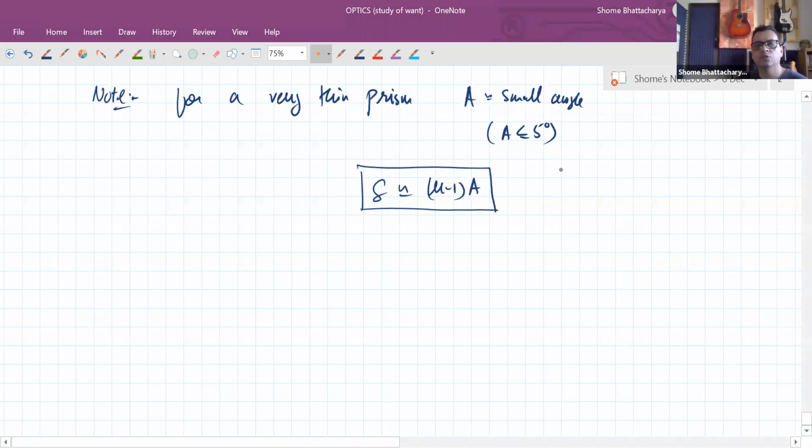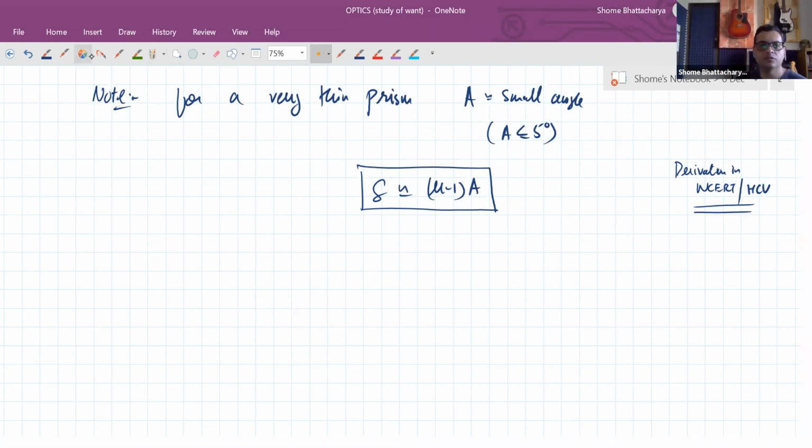If you like, you can go through the derivation of this in NCERT or HC Verma. In fact, geometrical optics is there in HC Verma part 1 only. But you should know this as a formula for your KVPY exam.